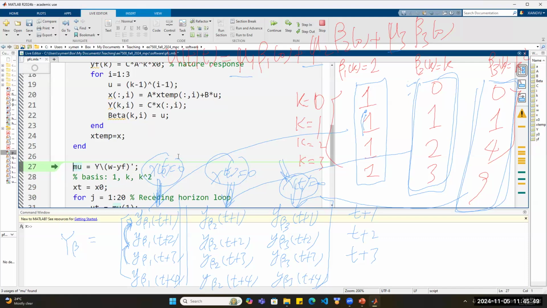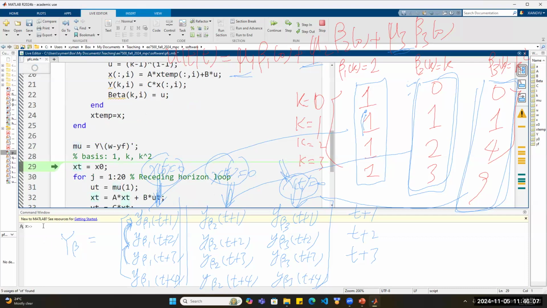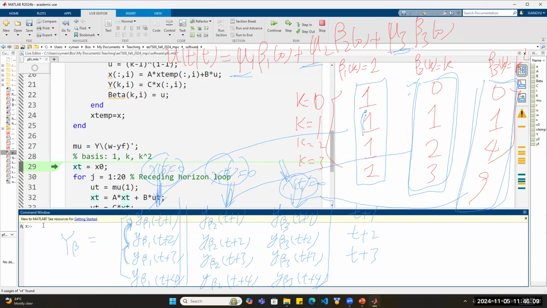Then we can calculate the control input. We have the Y matrix, then calculate the control input. So mu corresponds to mu1, mu2, mu3. Let's see the Y. It is a 4 by 3 matrix here.